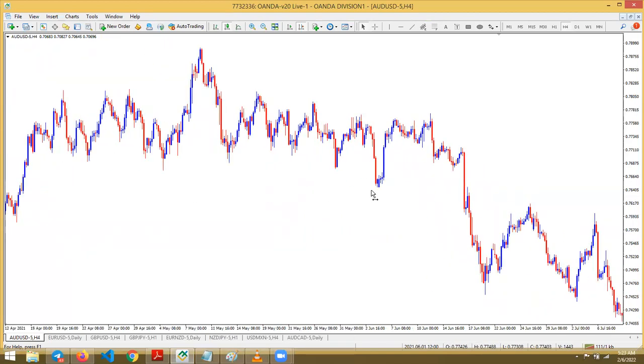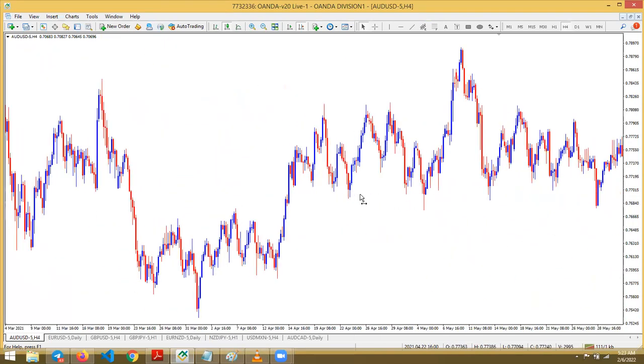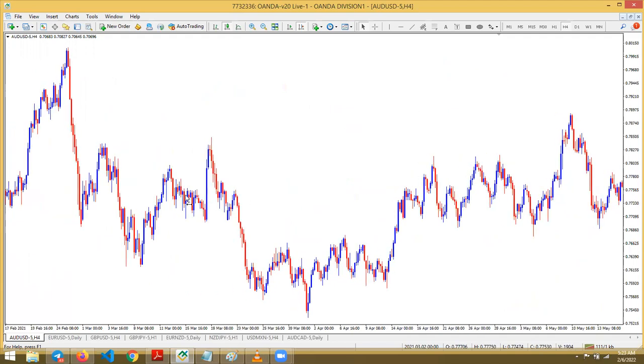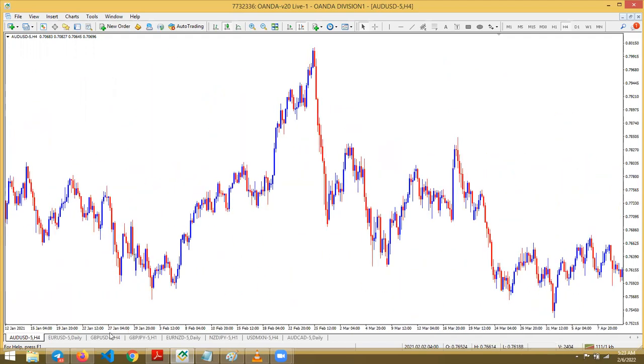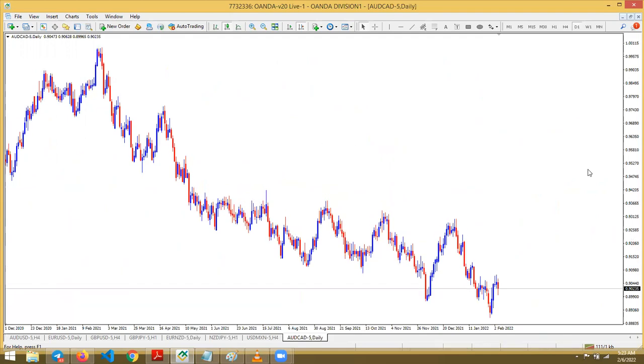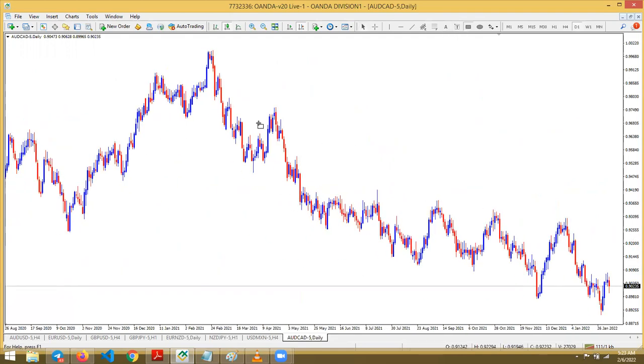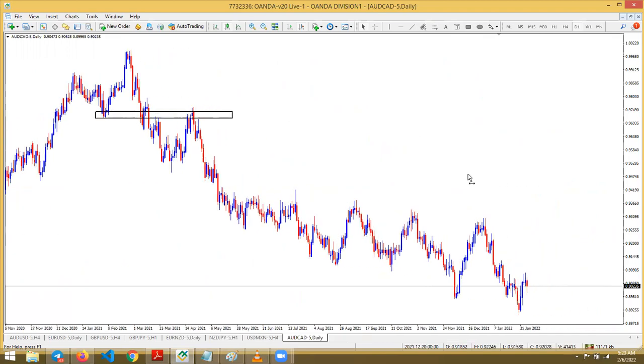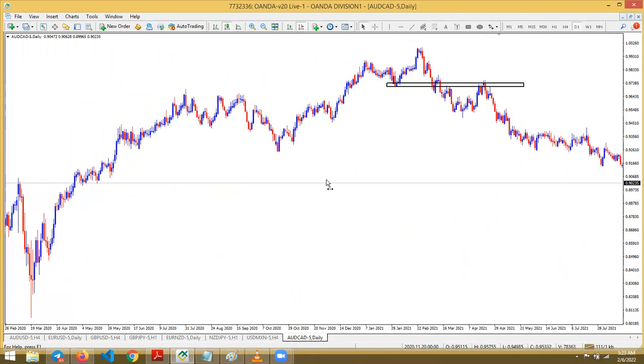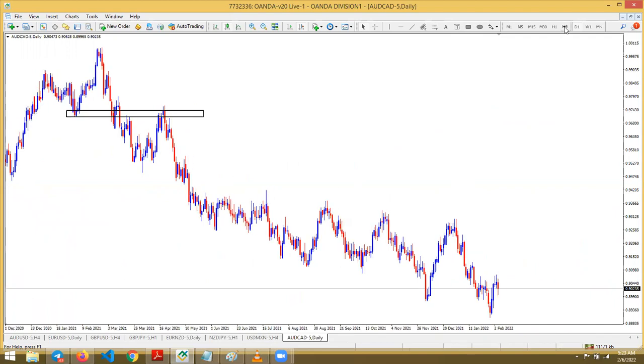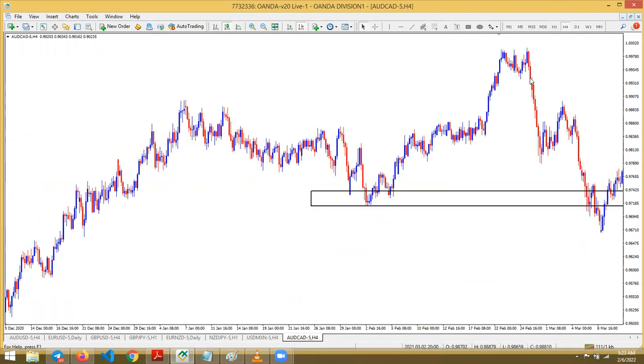Let me see. It doesn't happen all the time, but you can pick it out on trending markets. Take for instance here, we had a perfect one. Here we had a support level, then it became resistance. Let me go to a lower time frame.